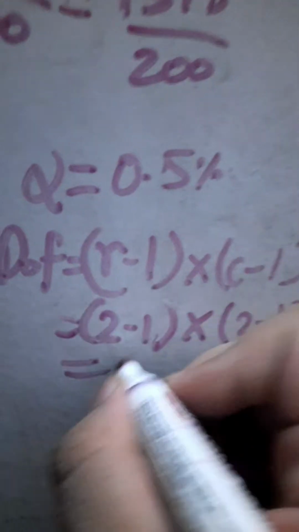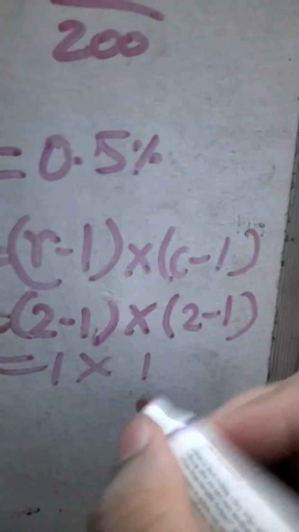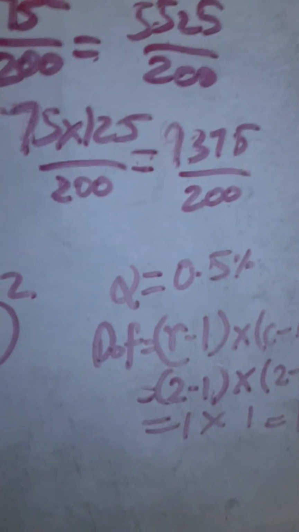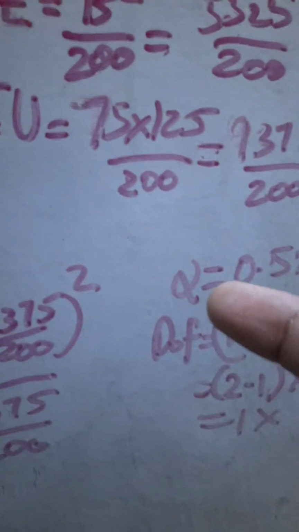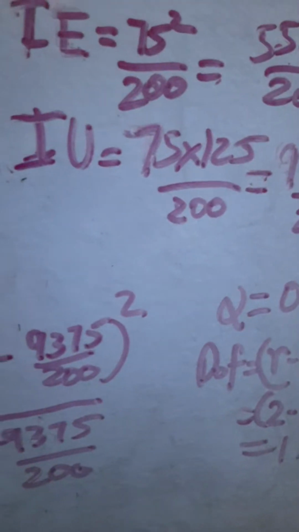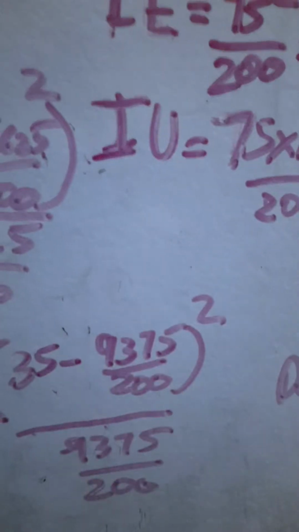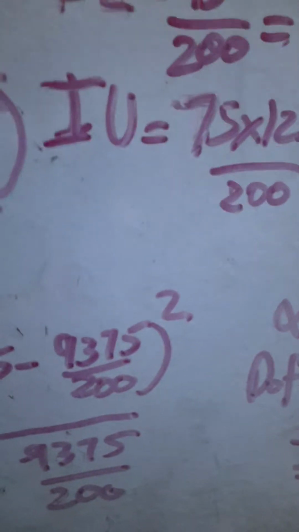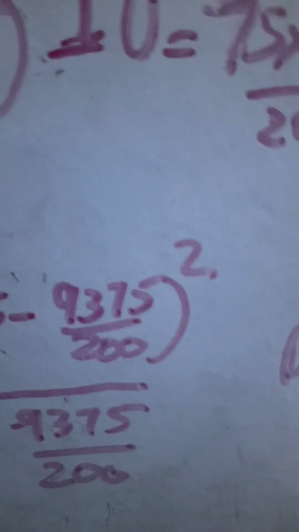So 2 minus 1 is 1, 1 into 1 is 1. Now you take your chi-square table and go across level of significance and degree of freedom. You see what number you get. That will be the chi-square table value.